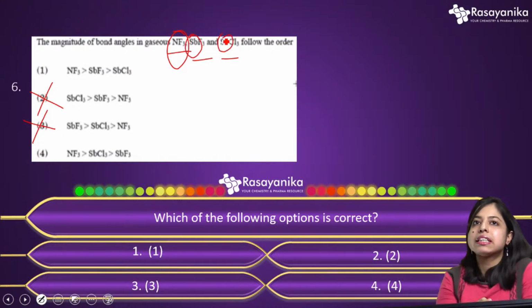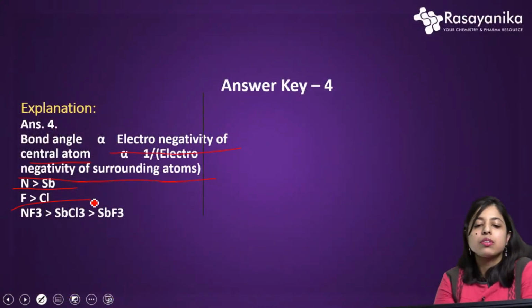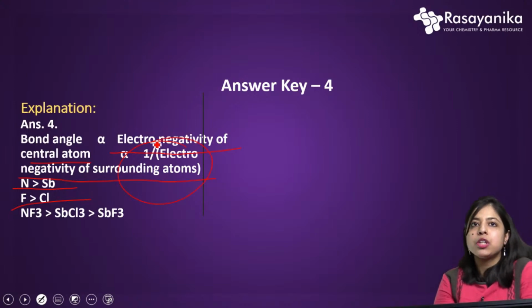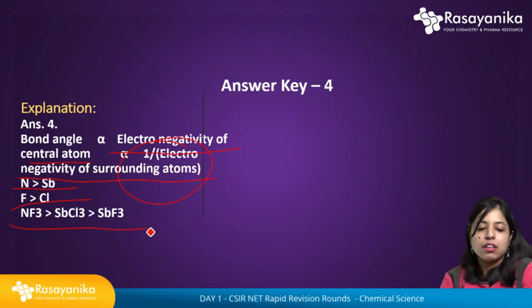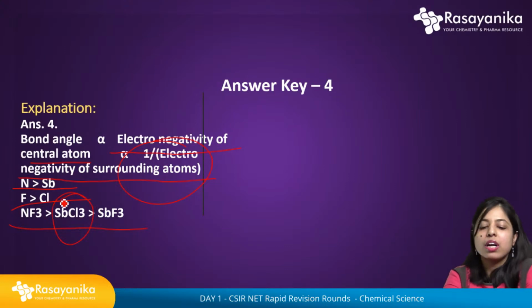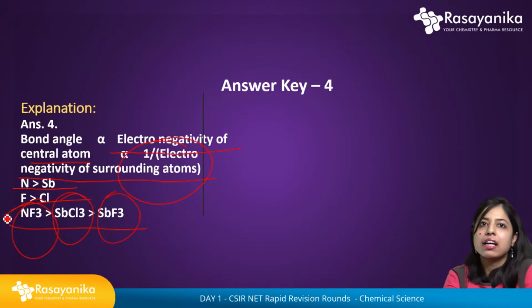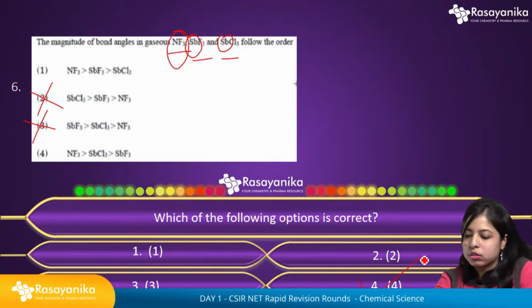So the electronegativity of fluorine is greater than chlorine. We all know that, right? We know that bond angle is inversely proportional to the electronegativity of the surrounding atoms. So the correct order will be NF3 > SbCl3 > SbF3. So SbCl3 will have a higher bond angle than SbF3, and also NF3 will have the maximum bond angle among all. Okay. So our correct option will be option number 4.